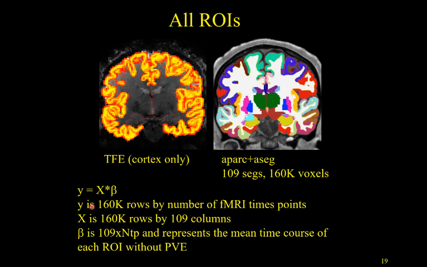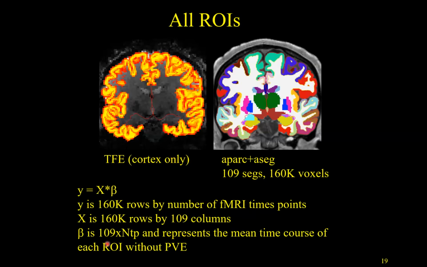So in this y equals X times beta, y is 160K rows, which is the number of voxels. And then if this were fMRI, you might have multiple time points. So y is a matrix of number of voxels by number of time points. X is also number of voxels in the rows, and then in the columns, each regressor is the tissue fraction effect for each region of interest.